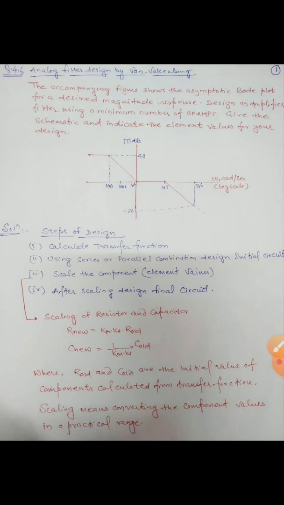Then in second step, by using series or parallel combination, we need to design the initial circuit. Then in third step, scaling of component, and in final step, after scaling, we need to design the final circuit. So these are the 4 different steps by which we are going to design the filter circuit with the help of Bode plot.